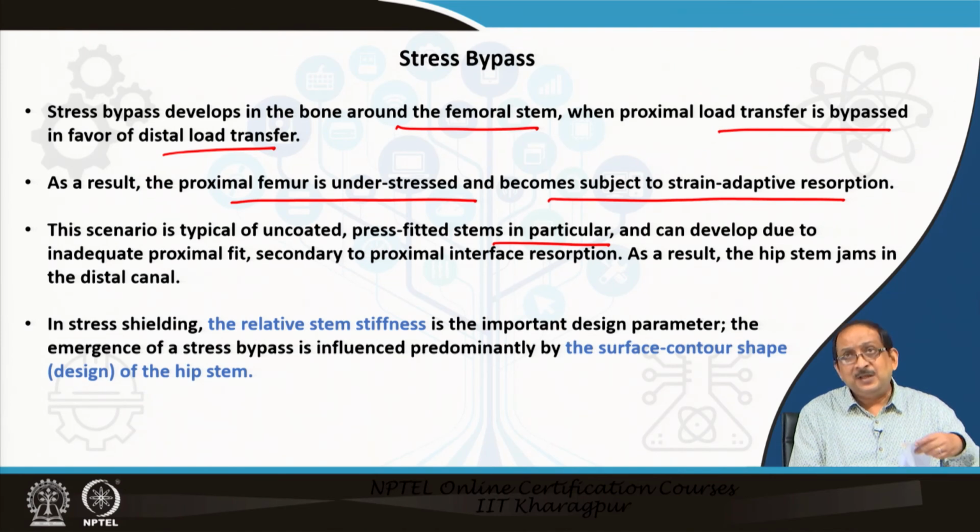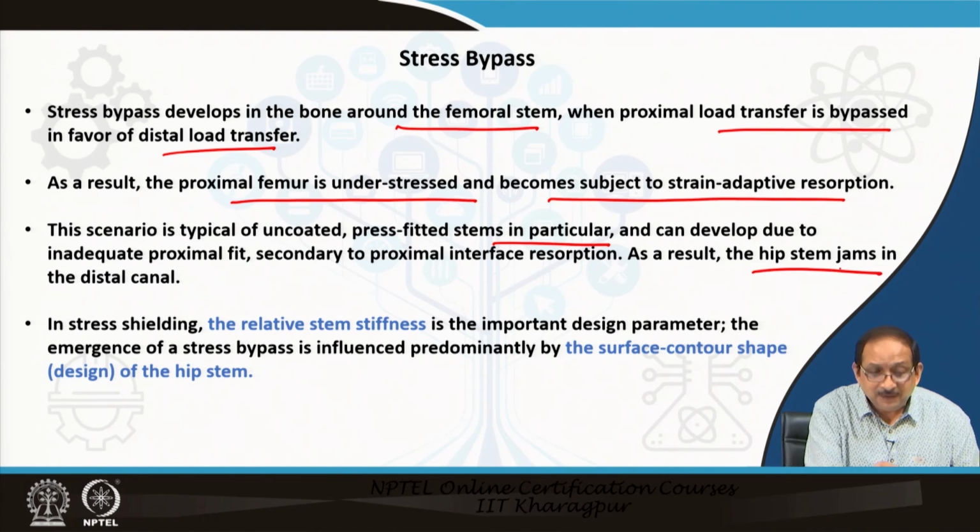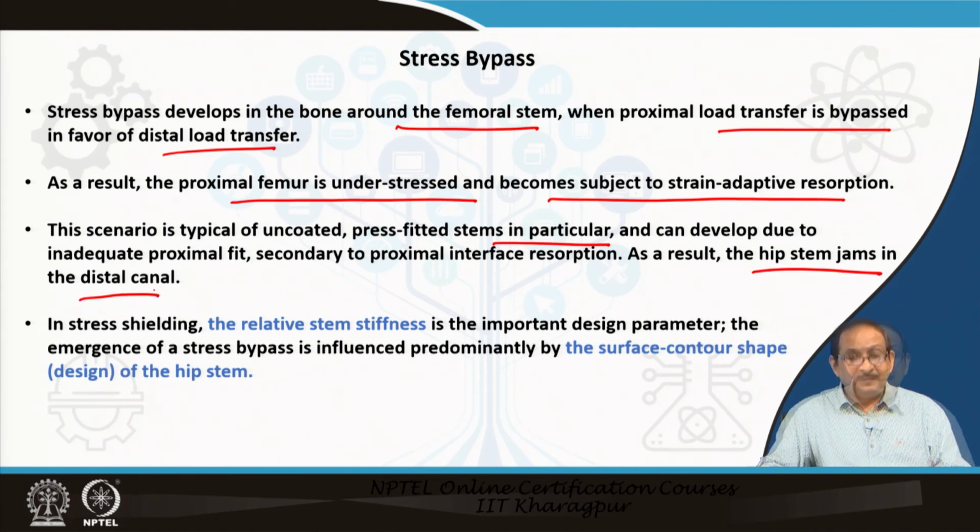As a result, the hip stem jams in the distal canal. Inadequate proximal fit could be either as a result of over-rimming of the bone or undersizing of the cement, or due to gradual subsidence of the stem.